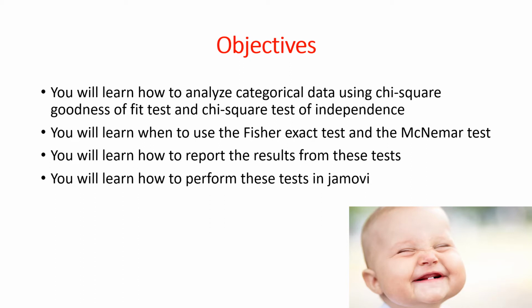So I'll talk about when we could use each of them, and then we move on to two other tests, Fisher exact test and the McNemar test. So there are situations where you can't use a chi-square test, then we need to think about using other equivalent tests. So Fisher test and McNemar test are two of those types of tests.